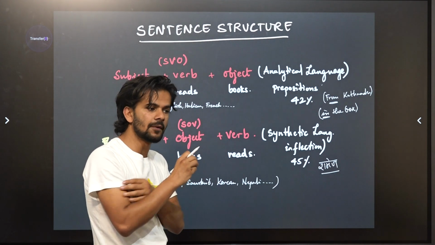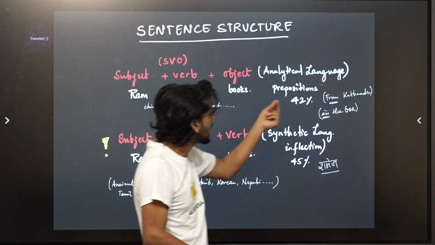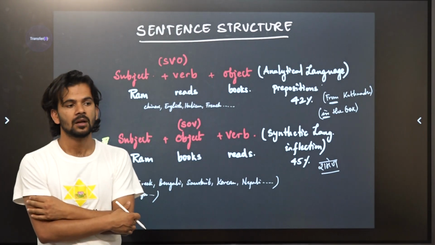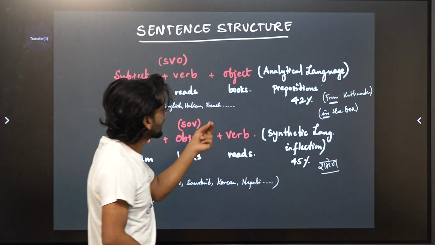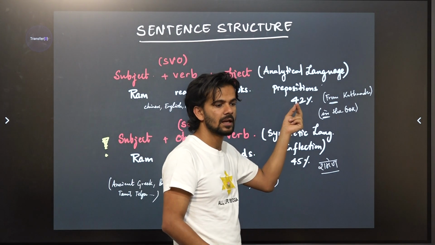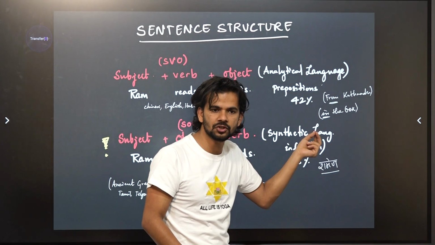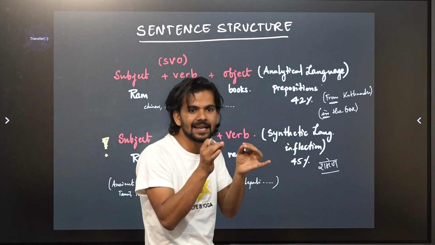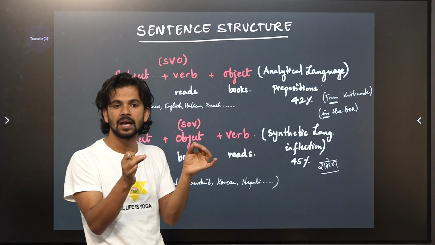The relation of two words is established by a preposition, in some sense. So analytical languages have prepositions as the words that build a relation between two words.